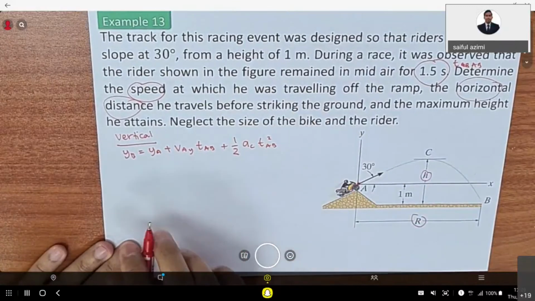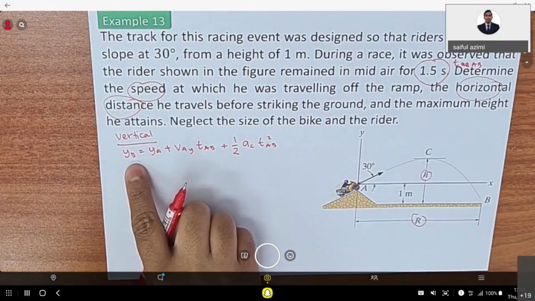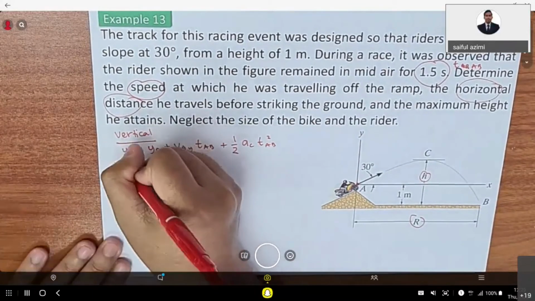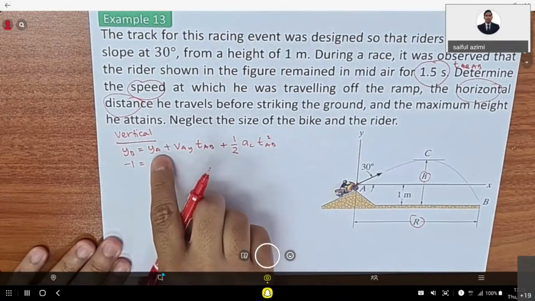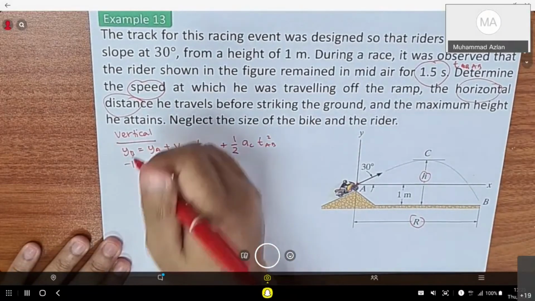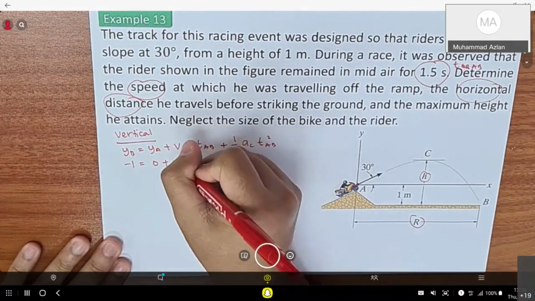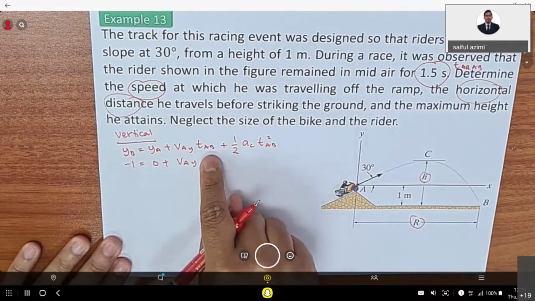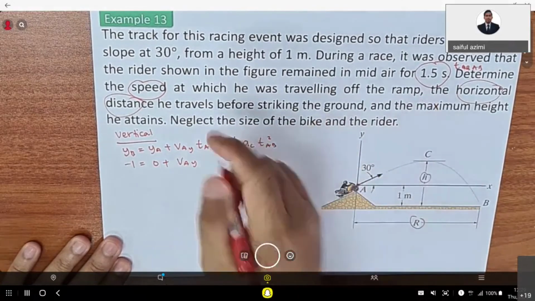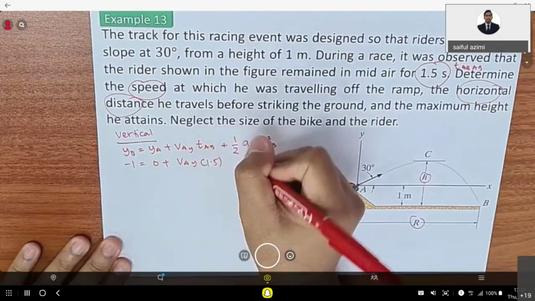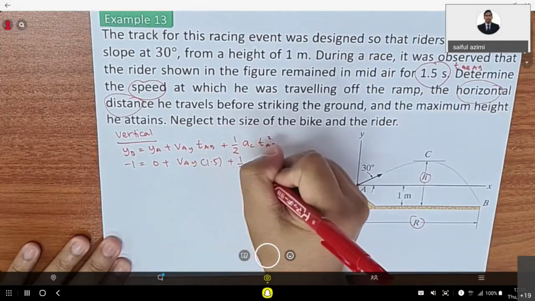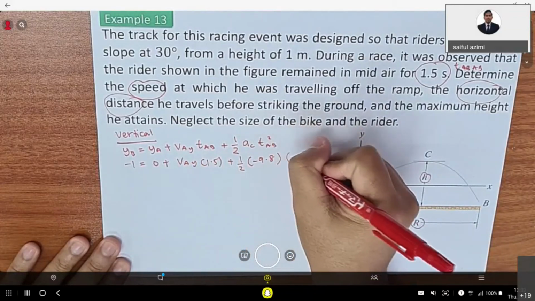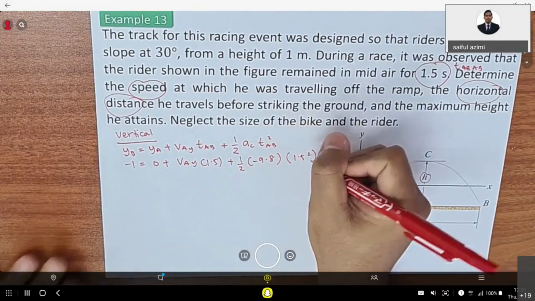So what is YB? Final value of Y, negative 1. Yes, negative 1 equals YA, 0, plus VAY times TAB, which is 1.5, plus 1 over 2, negative 9.8, times TAB squared, 1.5 squared.